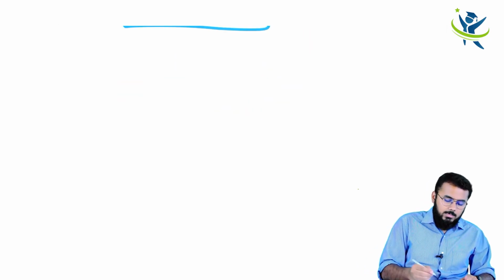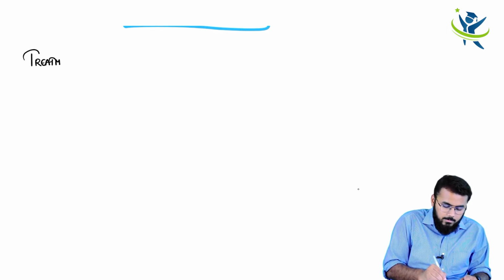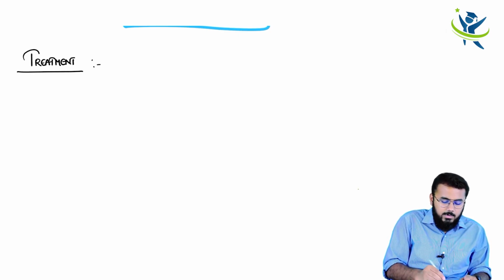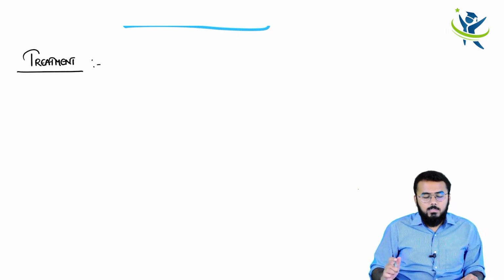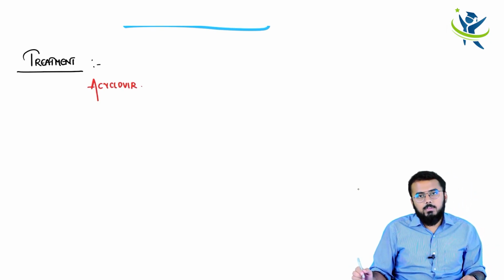Now, the last important thing you need to know is the treatment plan. Obviously, this is a virus. So when a virus is involved, I give antiviral drugs. Acyclovir is the drug which I give.